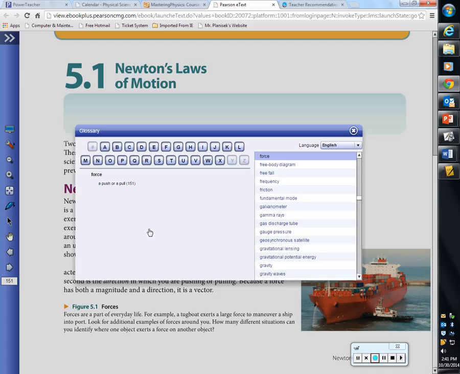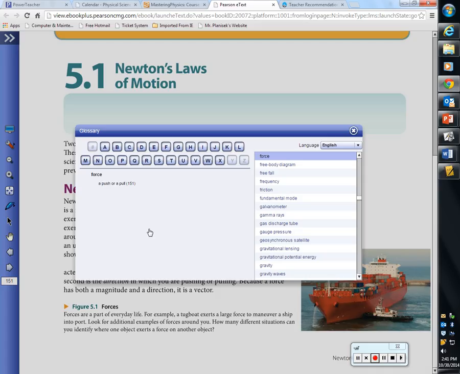So yes, a force is a push or a pull, that's true, but more importantly, as far as our working definition, force causes acceleration, okay? Force causes acceleration. Going back to chapter 3, our definition of acceleration is what?